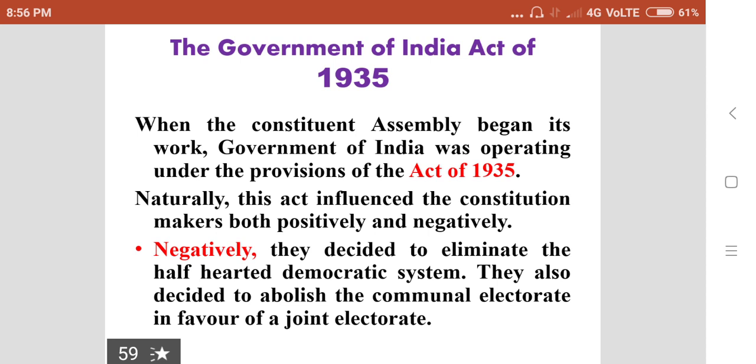Naturally, this act influenced the constitution makers both positively and negatively. Negatively, they decided to eliminate the half hearted democratic system. They also decided to abolish the communal electorate in favor of a joint electorate.